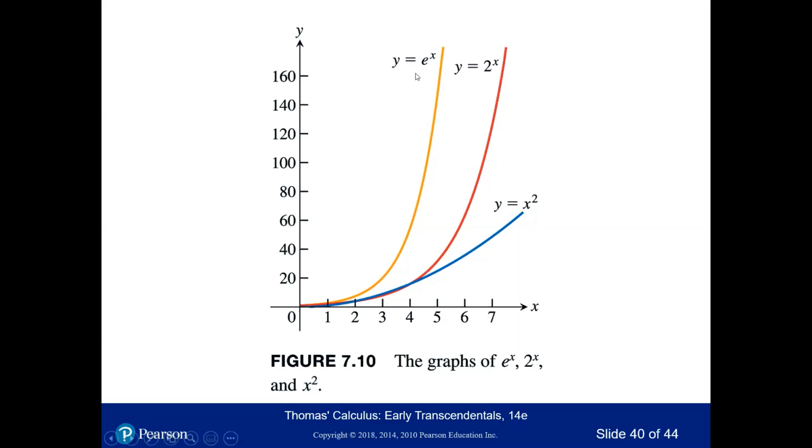And e to the x may be something like an airplane, or like a fighter plane. So even though they are all going up, we know e to the x is going up much faster than these two. But how do we determine which one goes up faster? That's the interesting question we're going to look at.